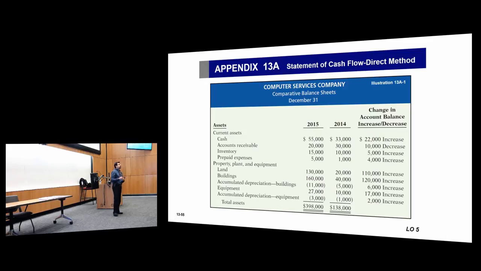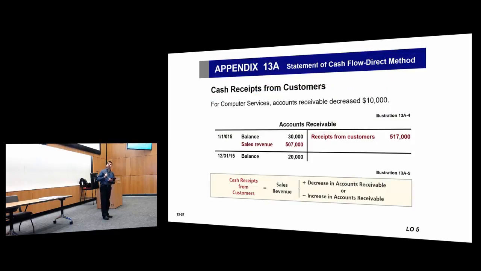The information that is needed to prepare the statement of cash flows under the direct method is the same: comparative balance sheets, income statement, and additional information. And this is exactly the same one that we used for the other examples. The difference here is that for accounts receivable, when you have an increase in accounts receivable, you need to look at cash inflows from customers.